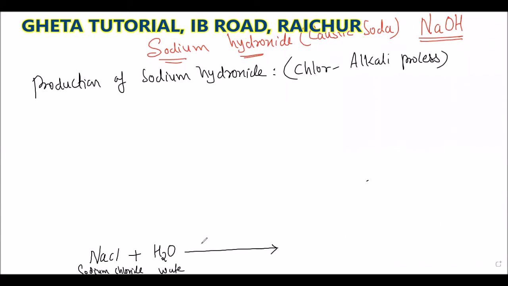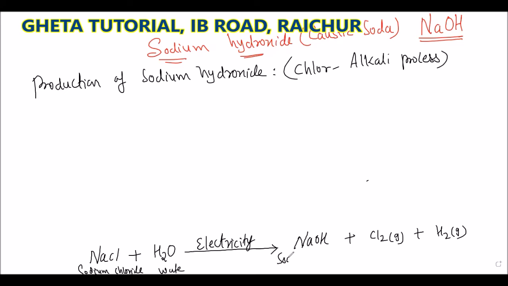Now what do we have to do? Through the aqueous solution of sodium chloride, we have to pass electricity. When electricity is passed through the aqueous solution of sodium chloride, it decomposes to give sodium hydroxide and chlorine gas, as well as hydrogen gas.